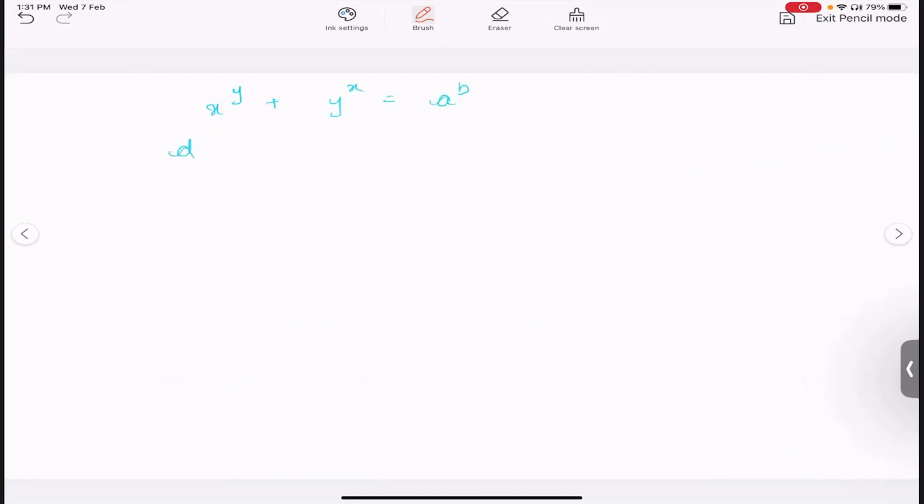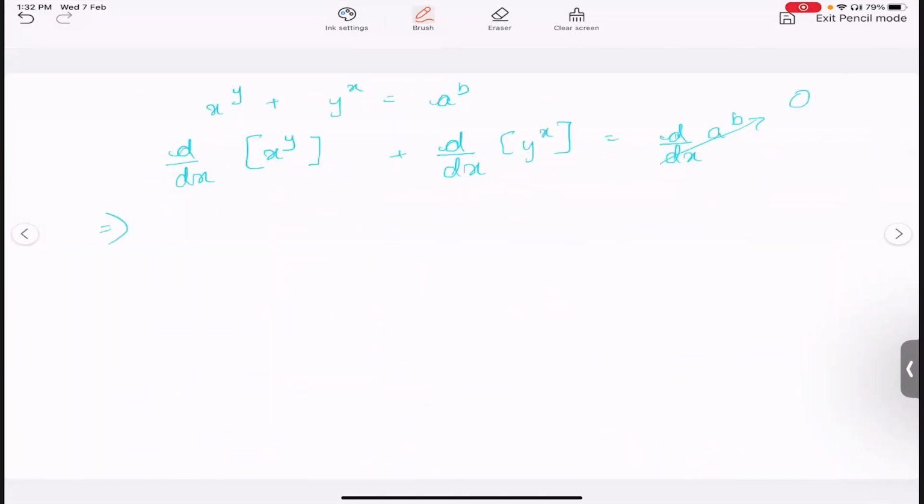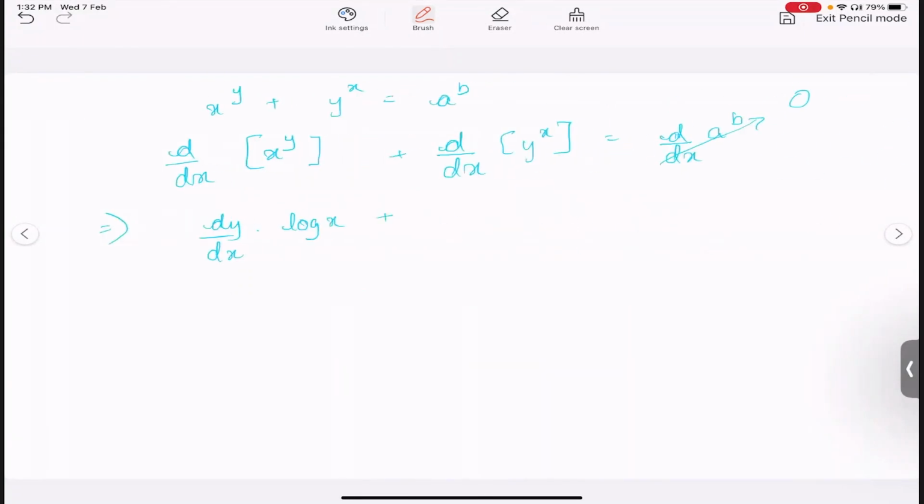If we take derivative with respect to x on both the sides, a to the power b will be equal to 0 because this is a constant, and for x to the power y, the u part, we got this thing: dy by dx times log of x plus y by x.